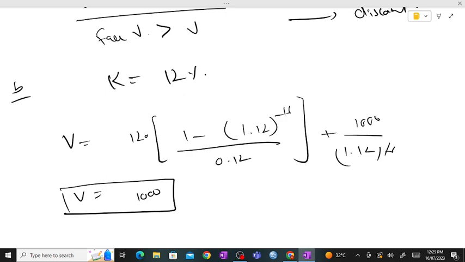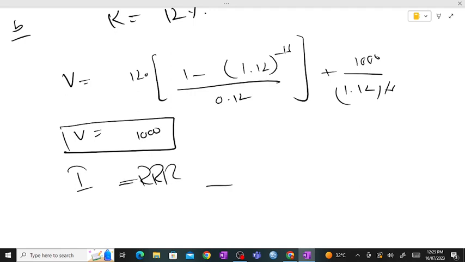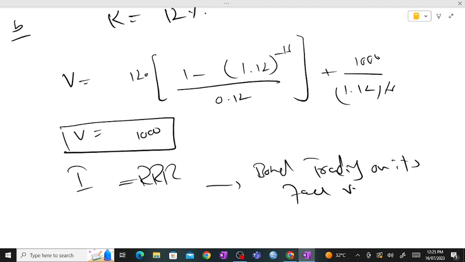Now, what does it mean when the coupon rate I is equal to the required rate of return? It means the bond is trading at its face value.